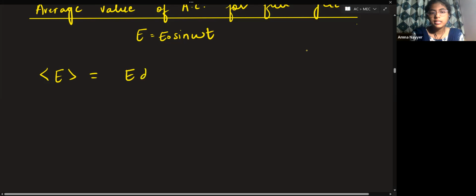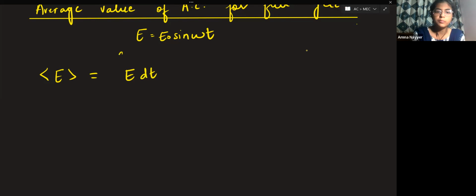Now, integrating E dt is the standard step. There's one more derivation to get this step also, but you don't need to go into the details of it. Just remember this step. From here you have to remember every step. How do we take out the average of EMF?